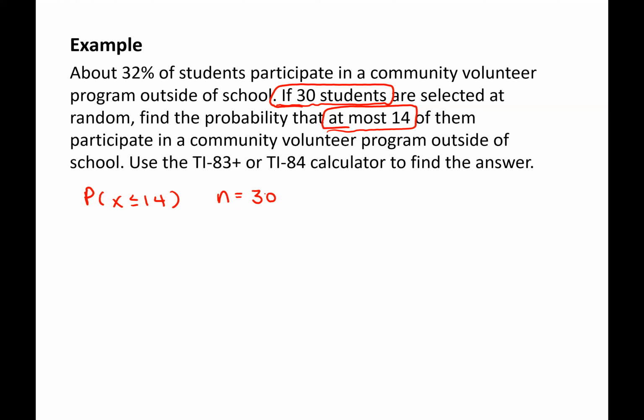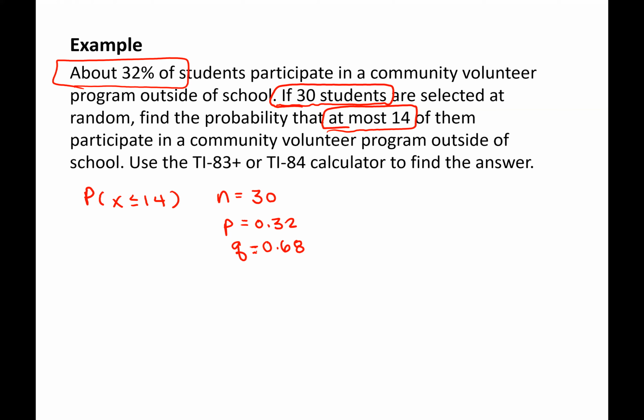The probability of a success is 32%. So p is 0.32 because 32% of our students participate in a community volunteer program. So q would be 0.68, although we're not going to use q in this particular example because we're not finding the standard deviation, but it's kind of nice to know what that is.